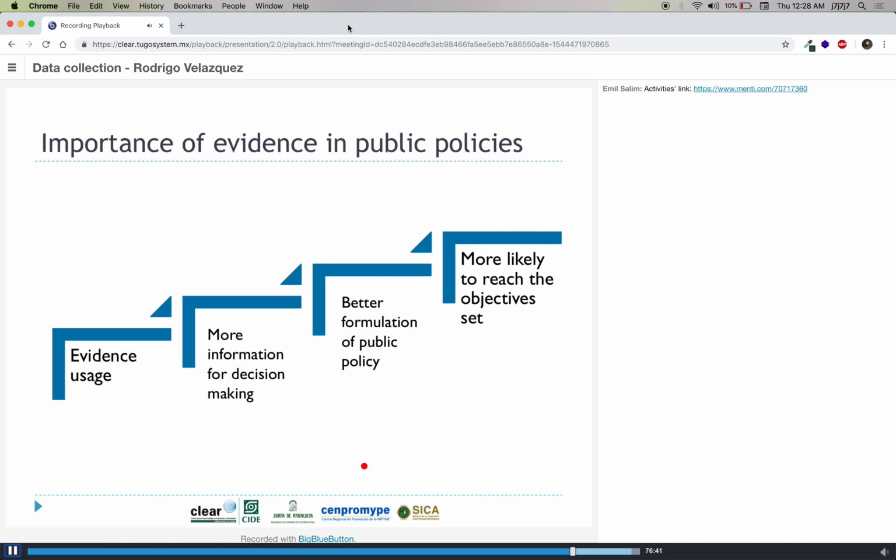So the first point has to do with evidence usage, because this is a process that is going to provide more information. And of course, if we have more information, we're going to have a better formulation of the public policy. And of course, we're going to achieve our objectives, the objectives that were set. So this summarizes what we have been talking about.